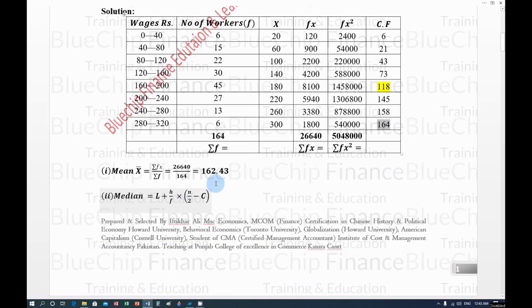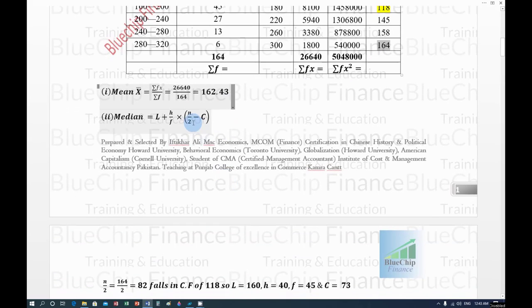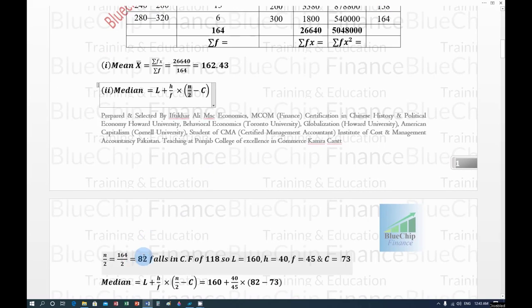After calculating cumulative frequency, first of all we calculate n by 2. n is equal to sum of f, and sum of f is 164, so 164 divided by 2 equals 82. Now locate this 82 in the cumulative frequency.